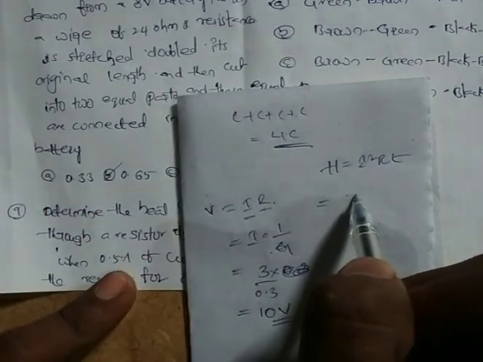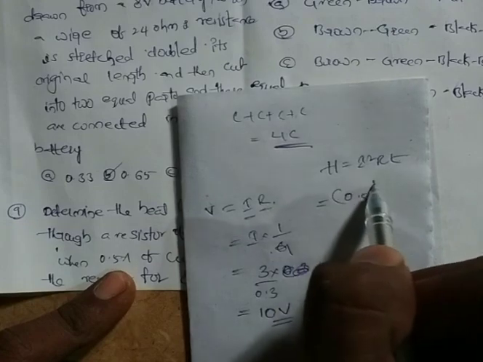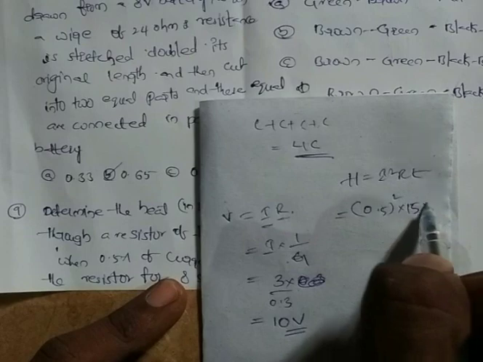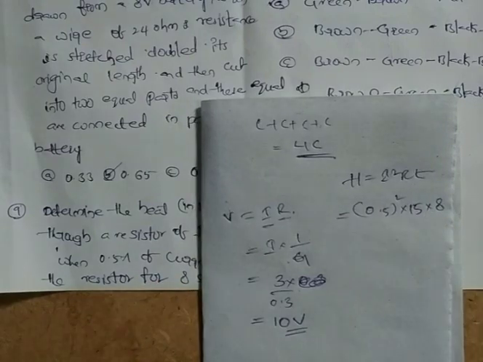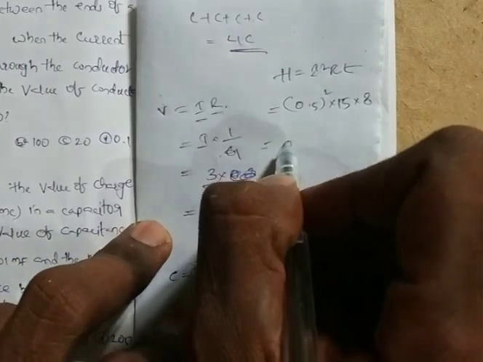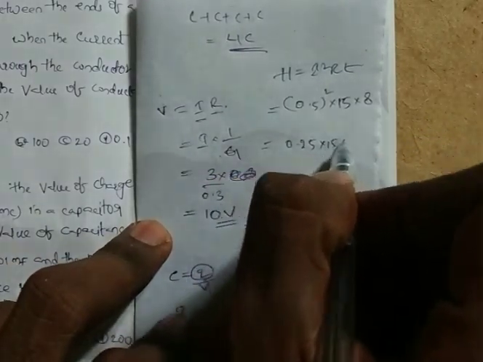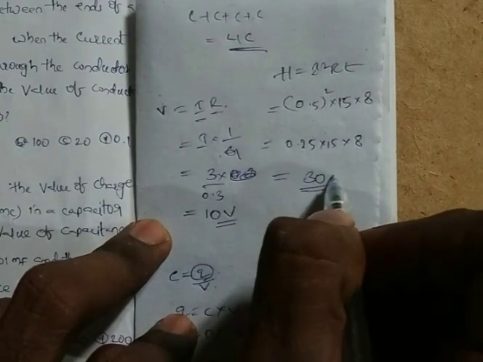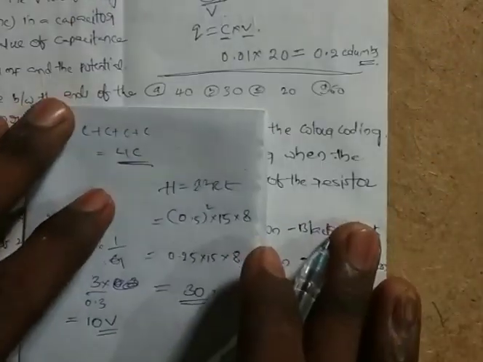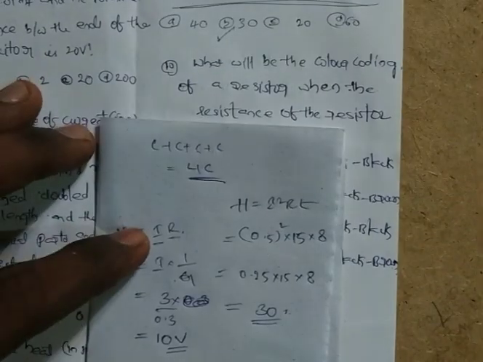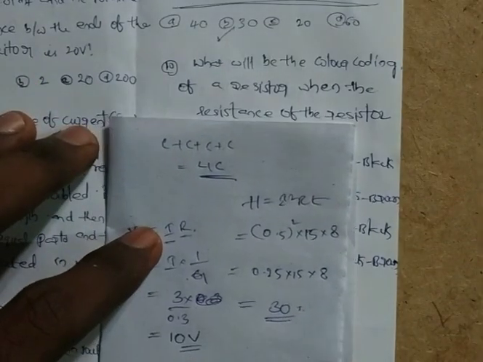We are given current 0.5 amps, resistance 15 ohms and time 8 seconds. 0.5 whole square is 0.25, into 15 into 8. So that value is 30 joules. Option B is correct.